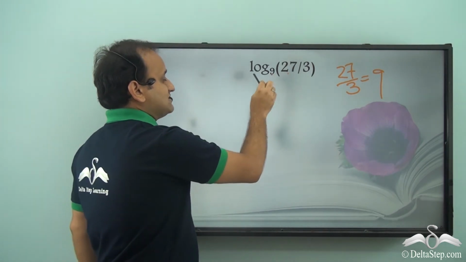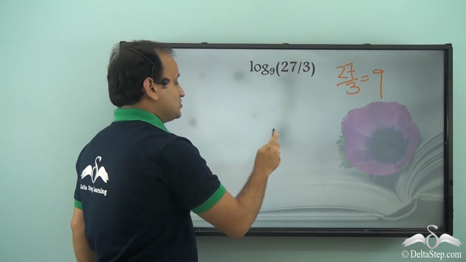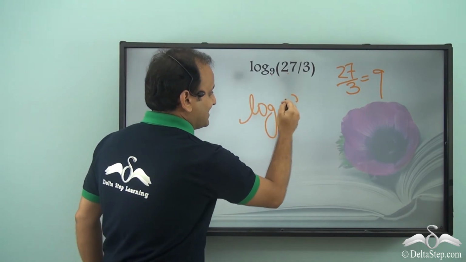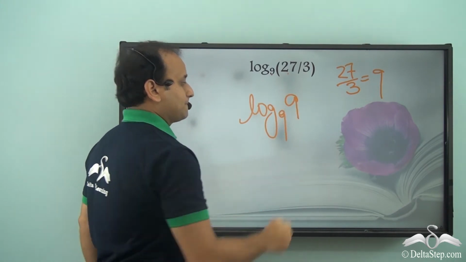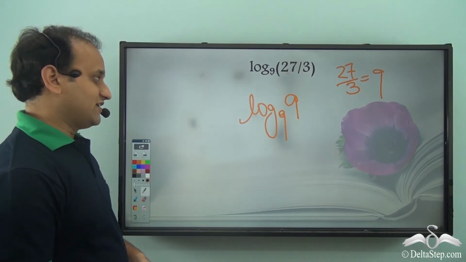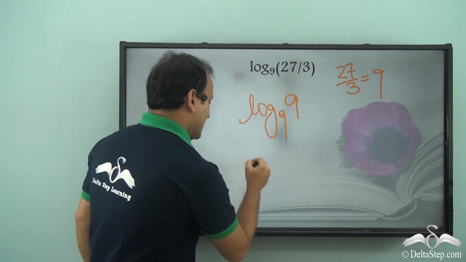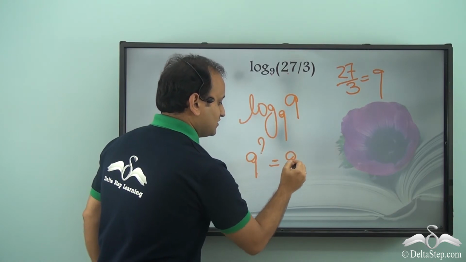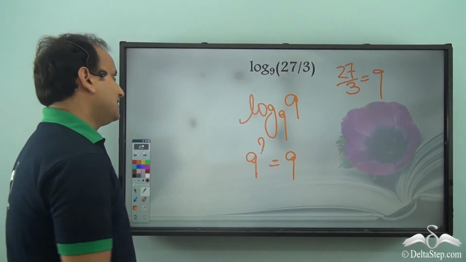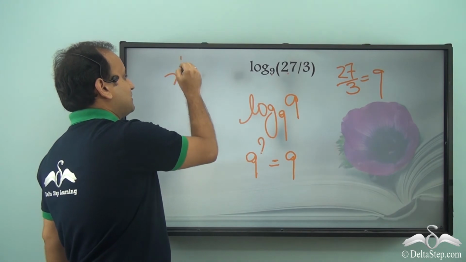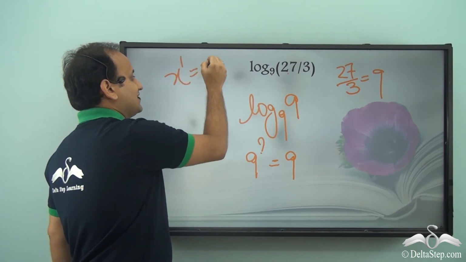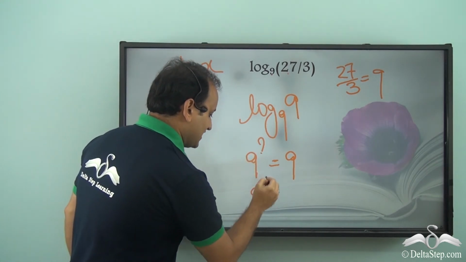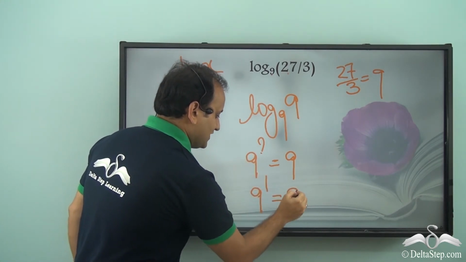So when we say log of 27 by 3 to the base 9, it is nothing but log of 9 to the base 9. Now again, if we solve it in exponential form, we have 9 to the power of what is equal to 9. Now we know that any number to the power of 1 is the number itself. So definitely 9 to the power of 1 is equal to 9.